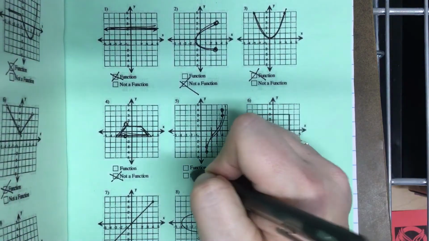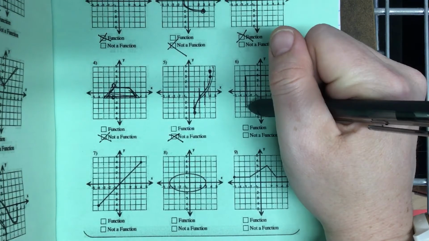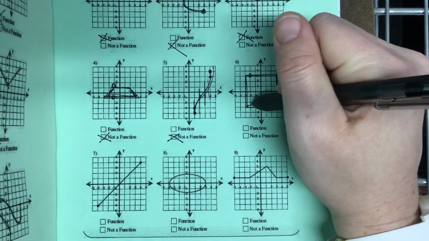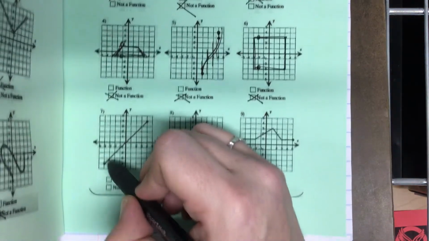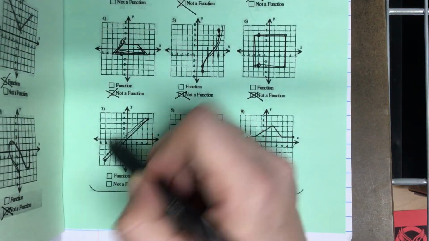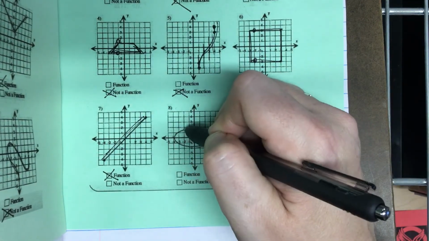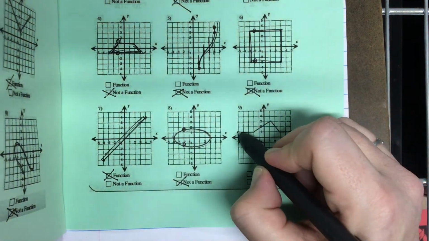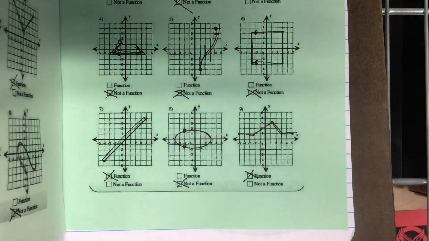Number 6. Is this a function? Nope. Number 7. Is this a function? Yes. Number 8. No, there's a dot on top of a dot. And 9. Yes.